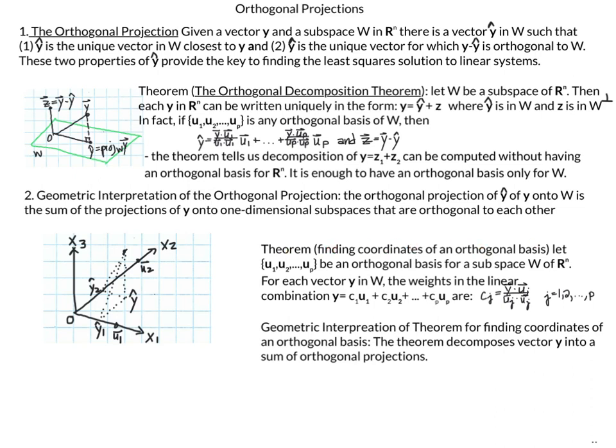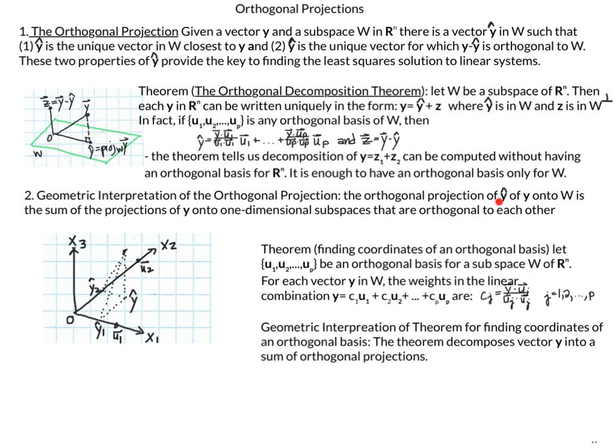So in our last video, we talked about this geometric interpretation of this theorem for finding coordinates of orthogonal bases. We said the geometric interpretation was that the theorem decomposes y into a sum of orthogonal projections. This is some scalar multiple of u1 plus a scalar multiple of u2. And so this theorem is very analogous to this one.